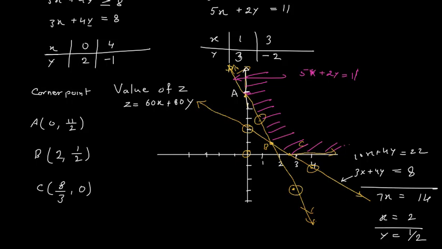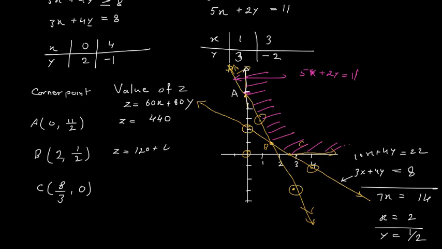Now what is the value of z? Here z at A is 11 by 2 into 80. So 40 into 11, 11 4s are 44, so 440. Then at point B, the value of z is 2 into 60, so 120, plus half into 80, that is 40.